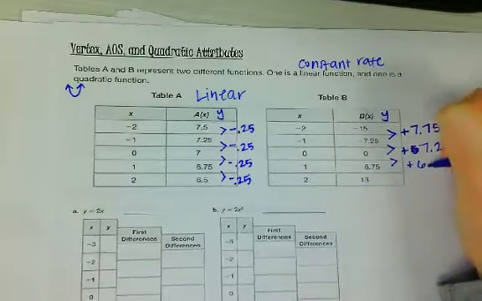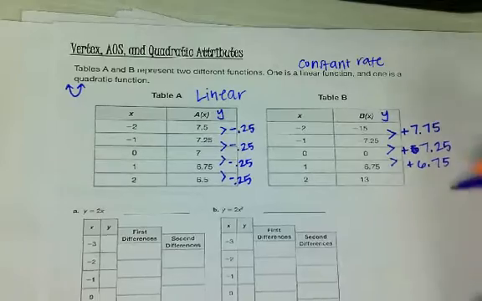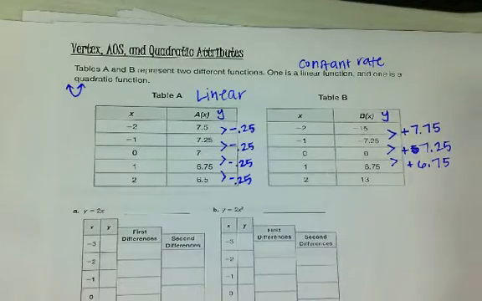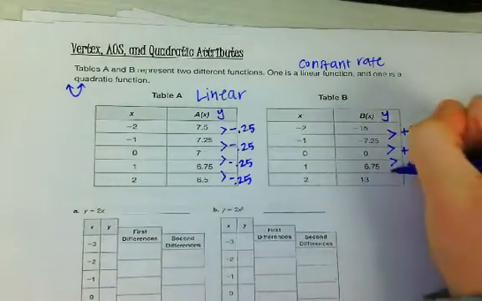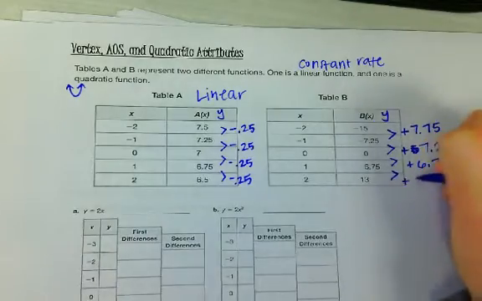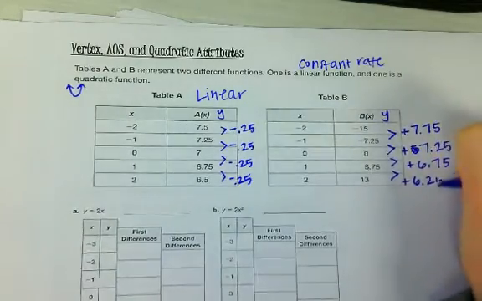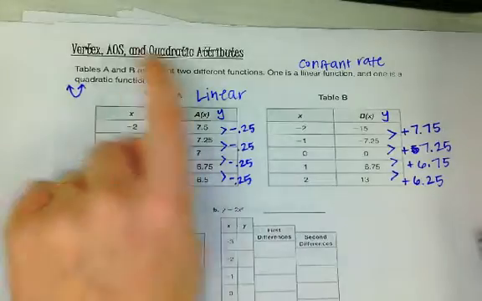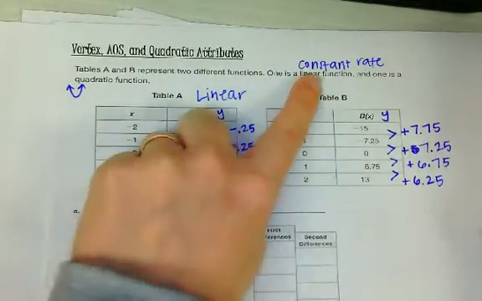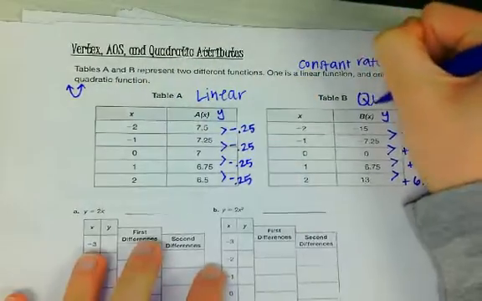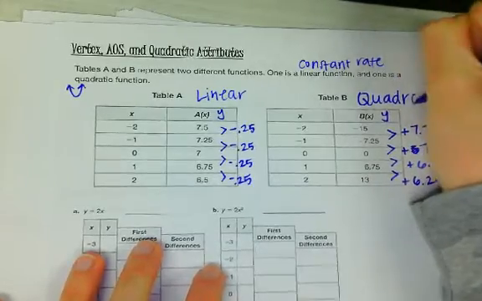And then here by 6.75, it's not a constant rate. Let's go ahead and then do this last one. Here it's getting bigger by 6.25. So I'm going to say, since I know that it's not linear, this must be the quadratic one.